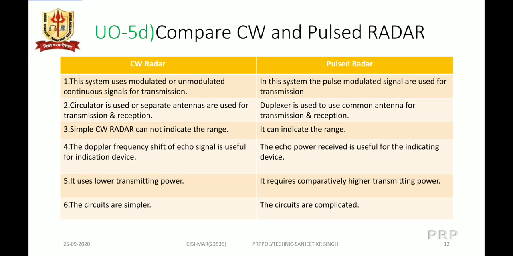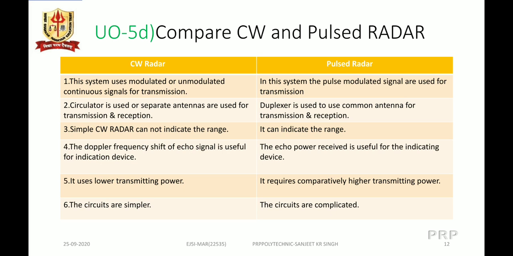For the continuous wave radar, the system uses a modulated or unmodulated continuous signal for transmission, whereas the pulse radar system uses a pulse modulated signal. In continuous wave radar, circulators or separate antennas are used to provide isolation between transmission and reception, whereas in pulse radar, a duplexer is used.